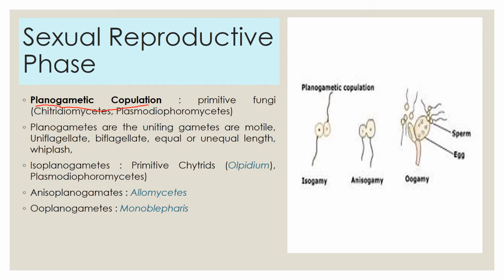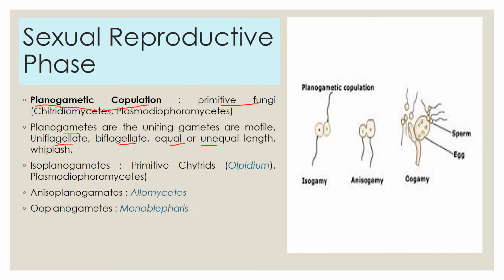So this type of reproduction where the gametes are released is called planogametic copulation, and it is found in the primitive type of fungi, the phycomycetes. And these planogametes can be uniflagellate or biflagellate. If it is biflagellate, flagellation can be equal or unequal.